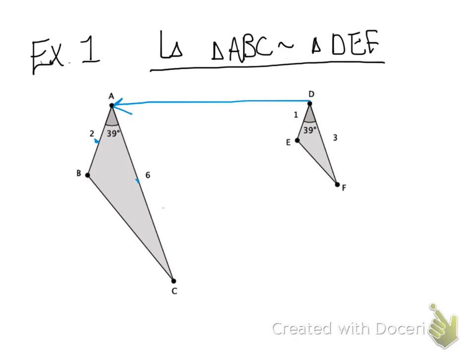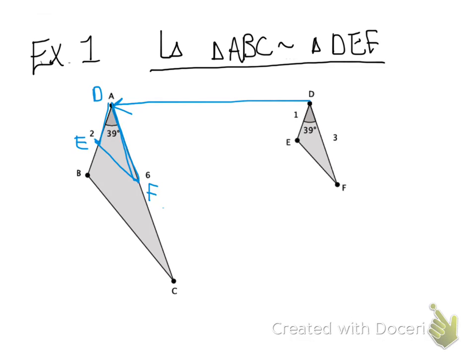So we would have a triangle right here. That would be DEF. So we could label E right here and F down here. So we've got triangle DEF, and A and D are now the same point right up here.